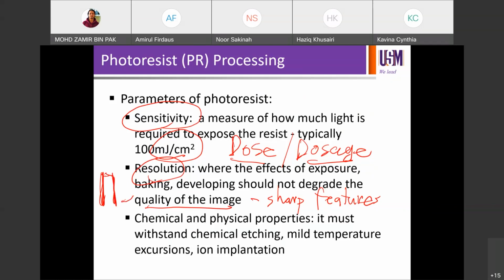You don't want something like that to be printed. Okay, this is good, this is bad. So the next parameters are chemical and physical properties. It must withstand chemical etching, mild temperature, ion implantation, and other process parameters in other process steps as well. Temperature, humidity, exposure, dosage, all the stuff.